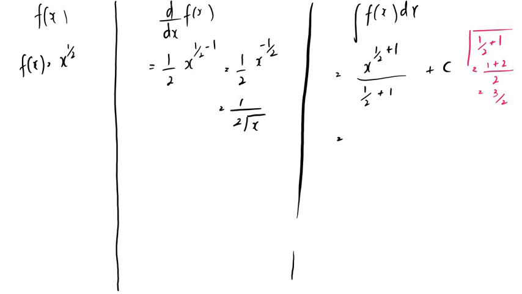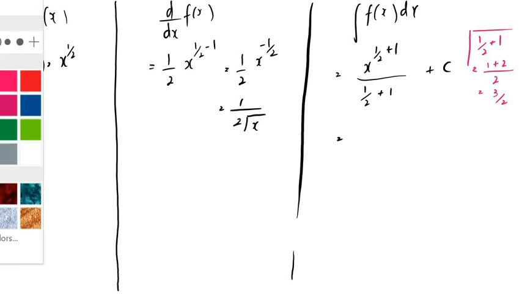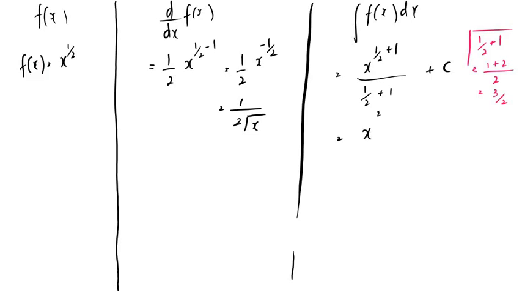So we substitute it back. We have x to the power 3 over 2 divided by 3 over 2. So this would be 2 over 3 x to the power 3 over 2.